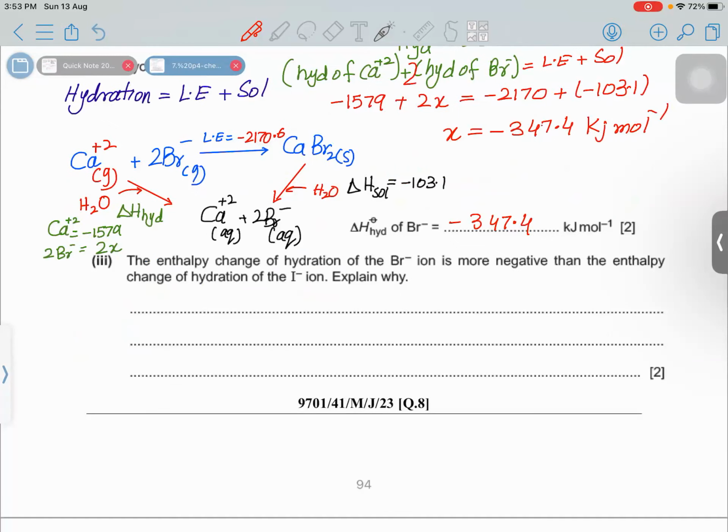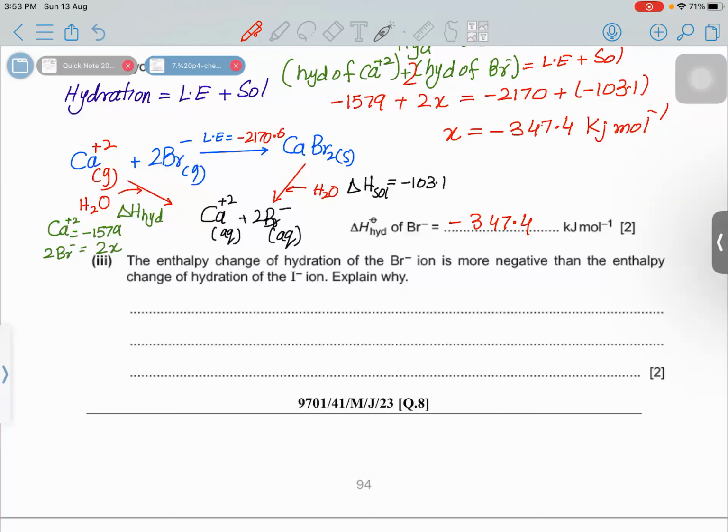Okay. Now, third part. The enthalpy change of hydration of Br minus is more negative than the enthalpy change of hydration of I negative ion. Explain why. Now, always remember lattice energy, hydration, solution all have the same factors: charge and size.